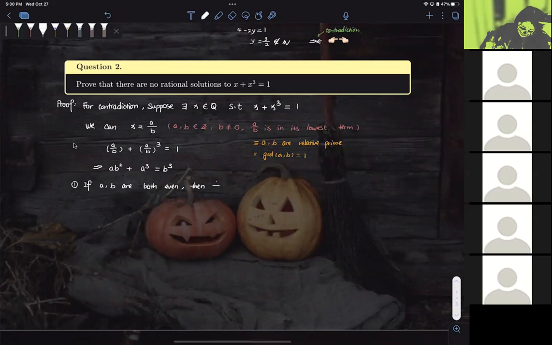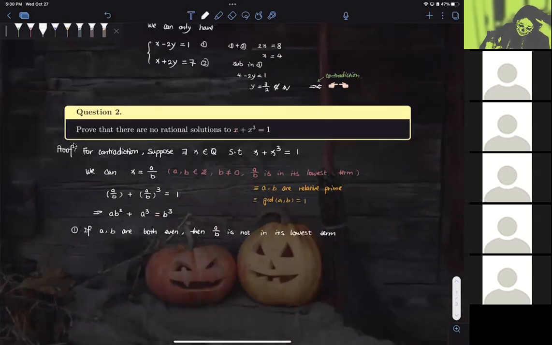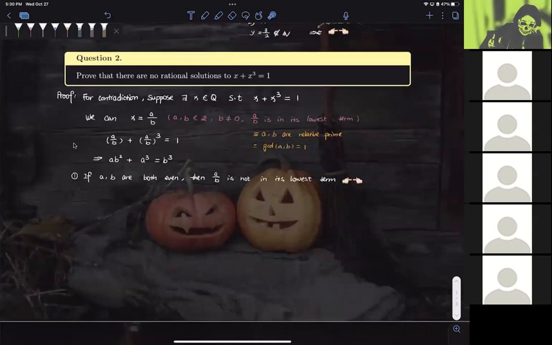You can say then a over b is not in its lowest terms. What does that mean? That means contradiction. Okay, so you have a contradiction here. Where does it contradict? It contradicts this assumption. So you cannot have this happen.